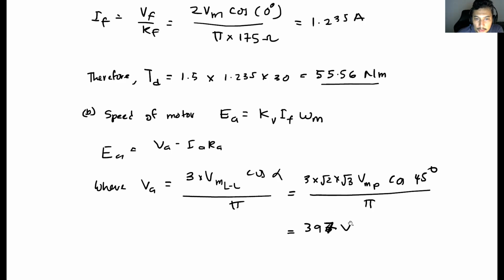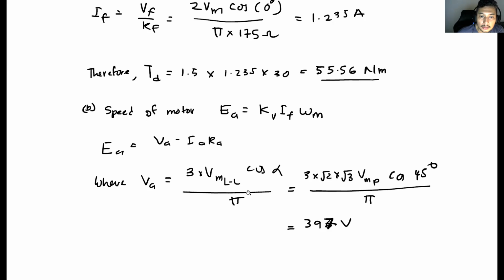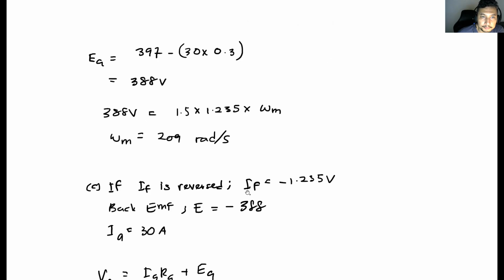So you obtain this one, and IA is given, which is 30 ampere, and RA is also given. Then finally, with this IA and this RA, you will have your back EMF as 388 volt.